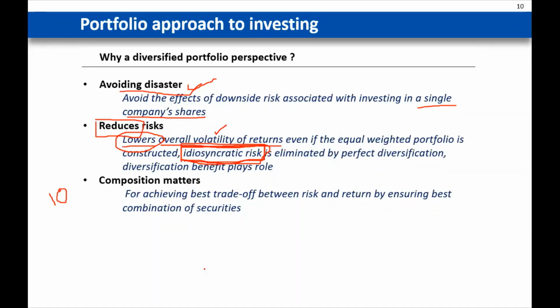It's not like that. We need to think of how they are correlated. Otherwise, the naive composition, which is equal weighting, 1 by n, will not give you the expected benefit.